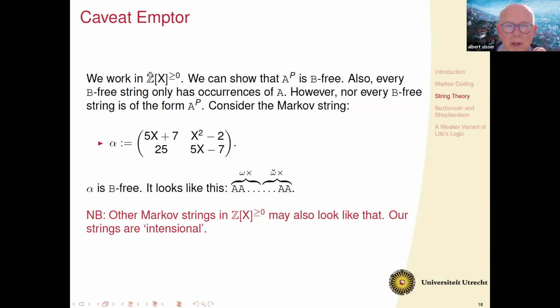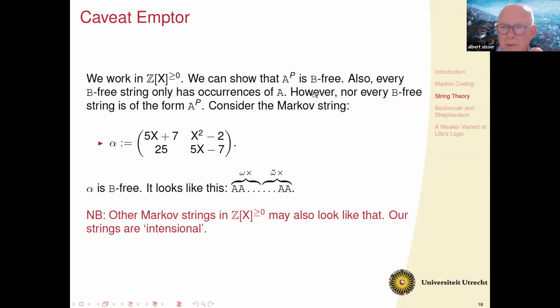That's the polynomials in x over Z. And so simply look at the non-negative part of that. And of course, a to the p, where p is a polynomial, is a B-free element. So also every B-free string only has occurrences of A.